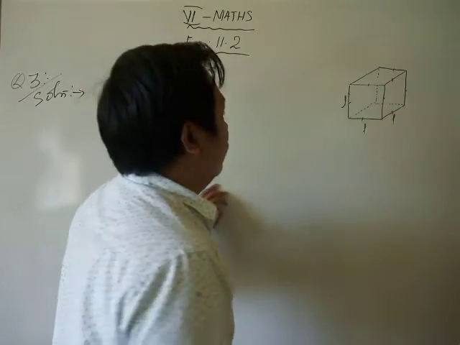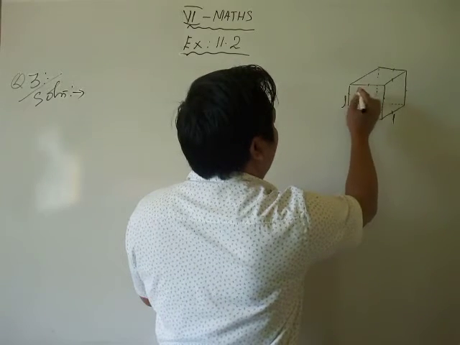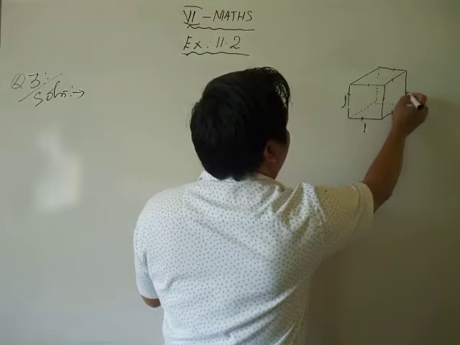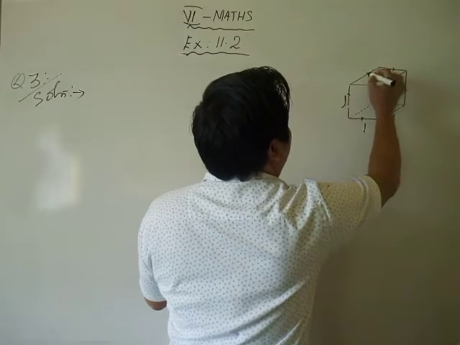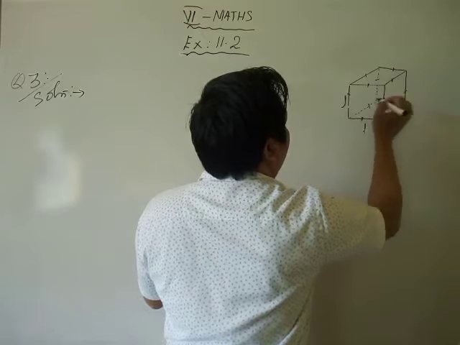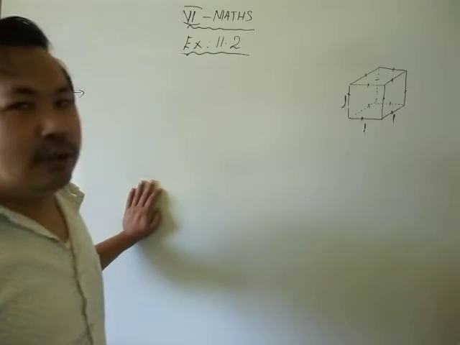Yes. So once again, 1, 2, 3, 4, 5, 6, 7, 8, 9, 10, 11, 12. So 12 sides are there, 12 edges are there.